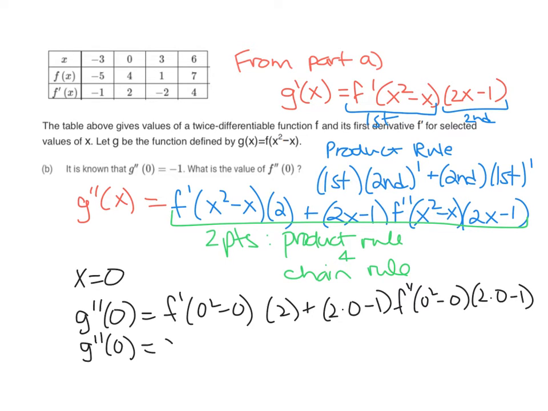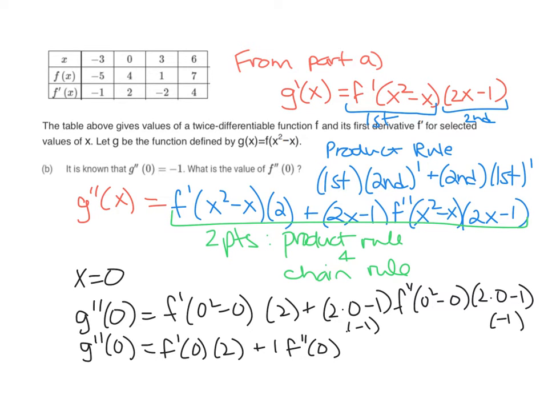You don't have to. So I get f prime of 0 multiplied by 2 plus I'm actually going to end up with a negative 1 and another negative 1. So I get negative 1 times negative 1, which just gives me a 1, times f double prime of 0.